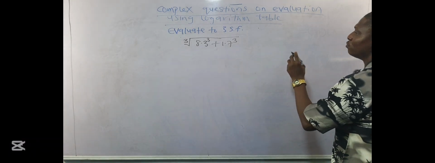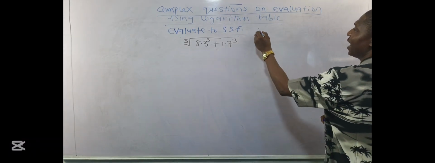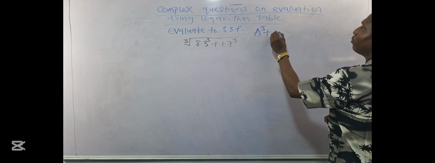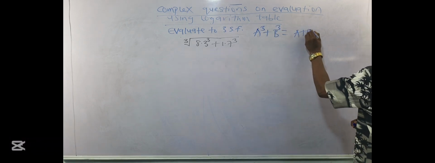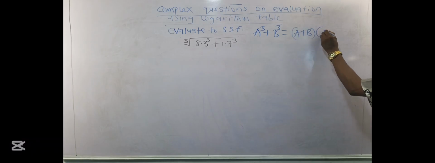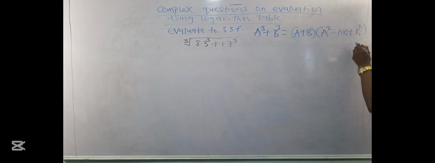For the sum of two cubes, if I have a raised to power 3 plus b raised to power 3, this will give me a plus b in brackets, a square minus ab, which is a times b, plus b square.